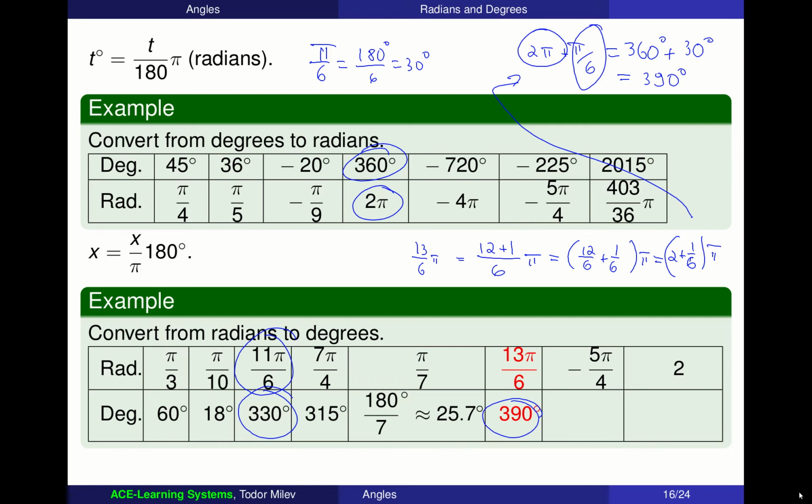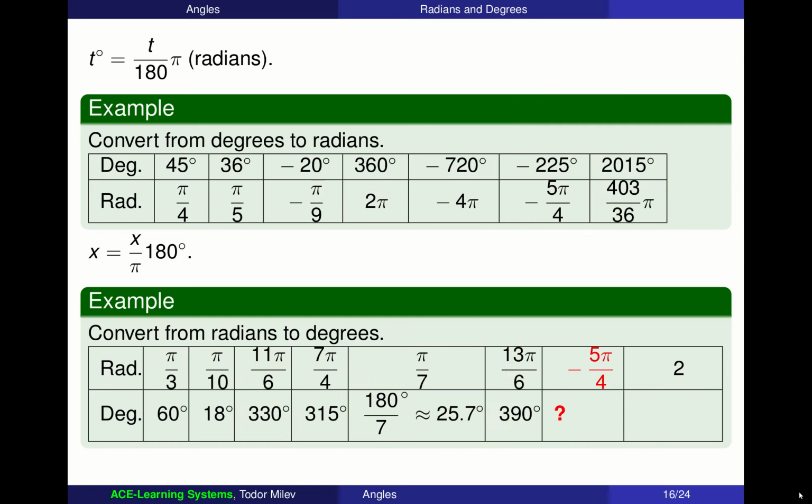There we go. Minus 5 pi over 4. Sure, you guessed it correctly. That was actually very easy. That's minus 225 degrees. Why? Because we did it before. Negative 5 pi over 4 was negative 225 degrees in the previous conversion. So, okay, I cheated.